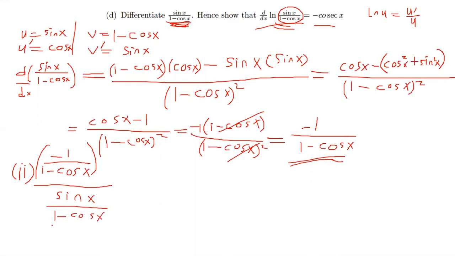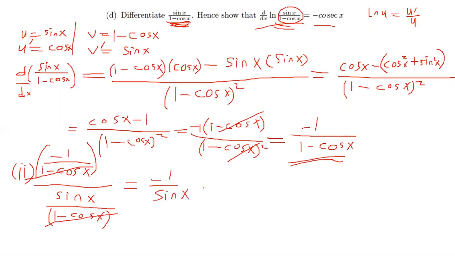Yeah, if you do your algebra properly, if you know how to simplify fractions, you can agree with me that this and that will cancel at some point, and then you are going to just remain with negative 1 over sine x.